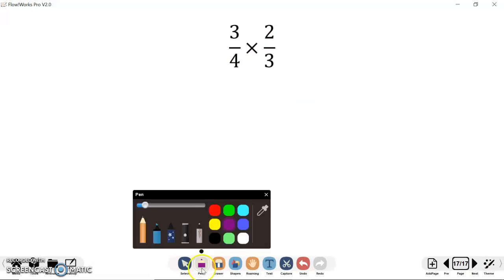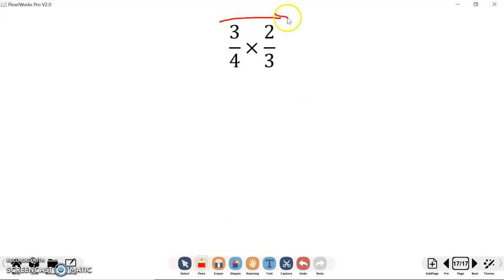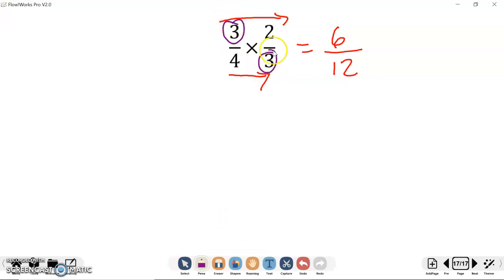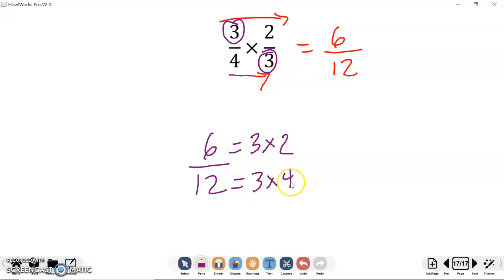And then I have 3/4 times 2/3, so multiplying across the top, 3 times 2 equals 6, and 4 times 3 equals 12. Now, I did see that there was a 3 on top and a 3 on the bottom, so 6/12 could be 3 times 2 and 3 times 4.